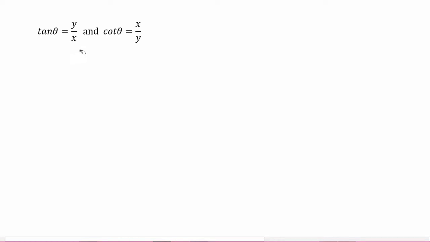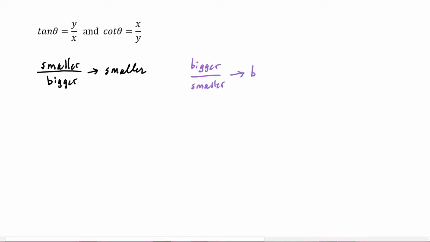But when we think about fractions, we know that as the numerator of a fraction gets smaller, or as the denominator gets bigger, the fraction gets smaller. So we know tangent theta could take on very small numbers. Likewise, if the numerator gets bigger or the denominator gets smaller, then the fraction gets bigger.